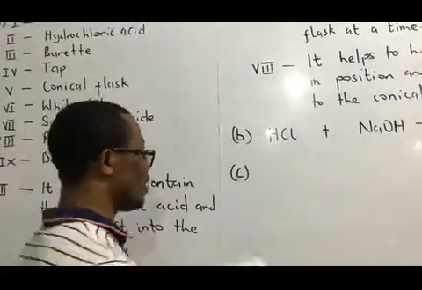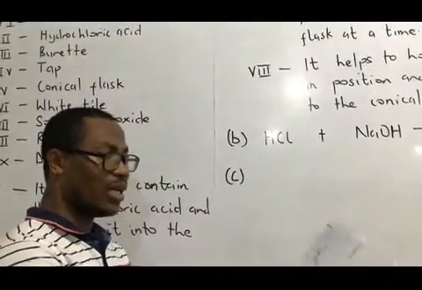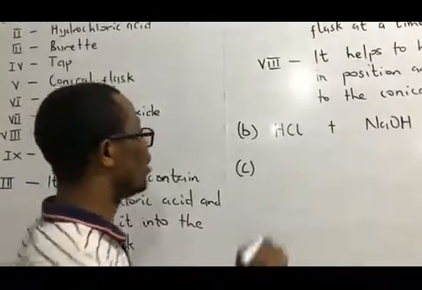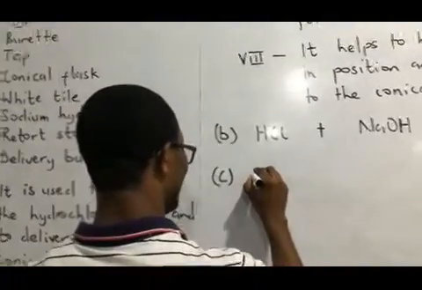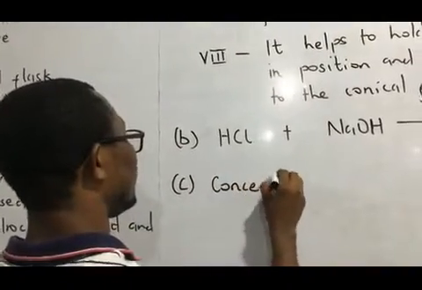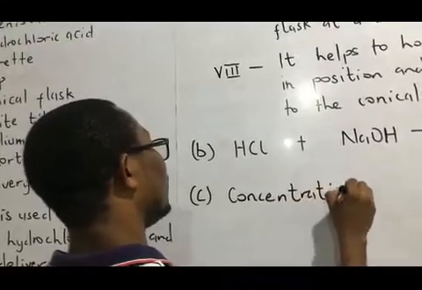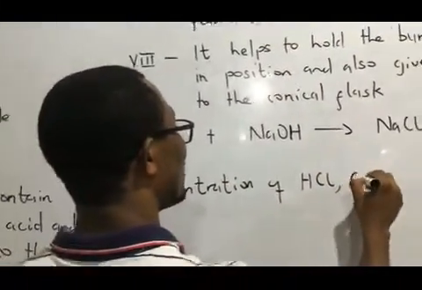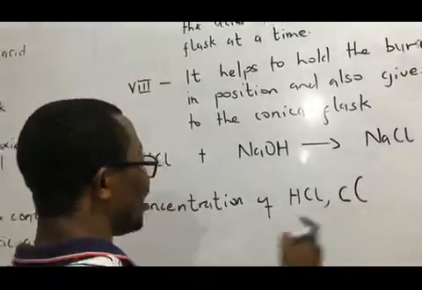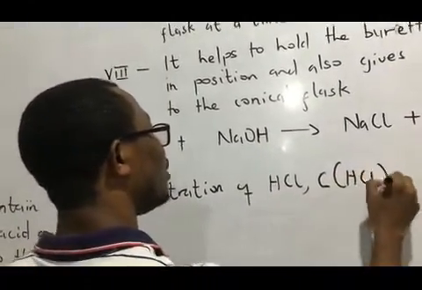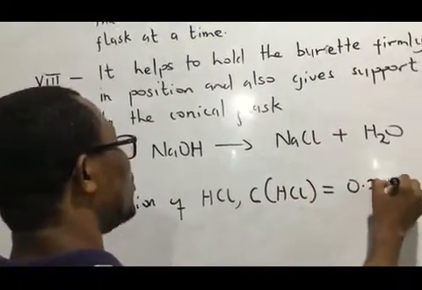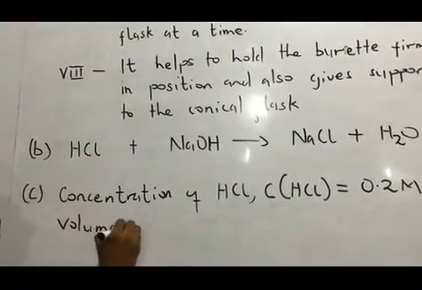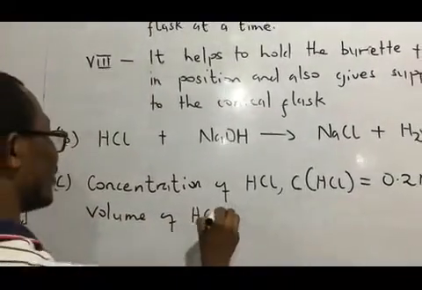So the first thing is we're going to look for the moles of the acid. From the information we have, the concentration of the acid, the HCl. Concentration is the C. Specifically, that's the molarity. It was given as 0.2 molar. We also have the volume of the acid.